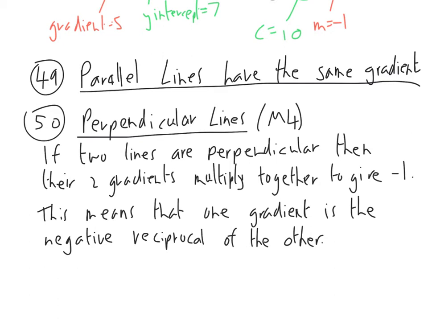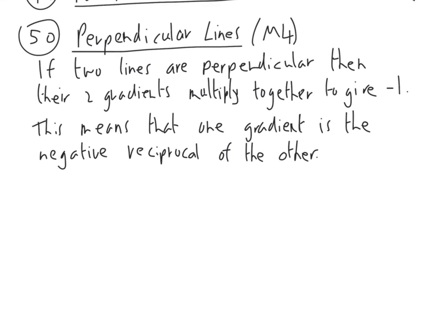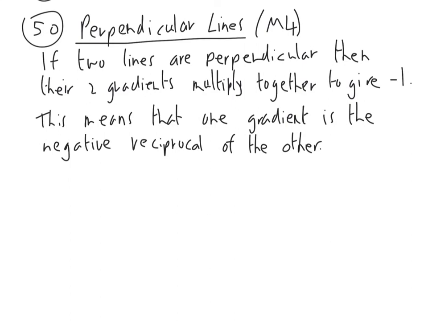Now, those sentences might be hard to understand, so I'm going to try to explain what that means. If we call the gradient of the first line m1 and the gradient of the second line m2, if those two lines are perpendicular, then if you multiply the gradients together, you would get -1. If we rearrange that, we could say that m1 would be equal to negative 1 over m2, just dividing both sides by m2 there.